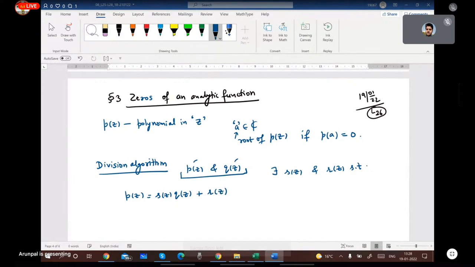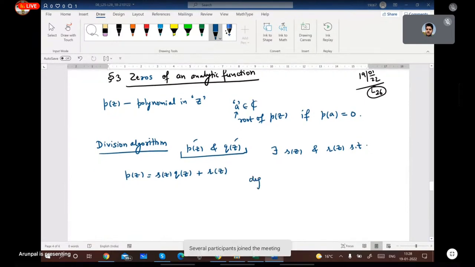Right, class? Here the degree of r(z) is greater than or equal to 0 and less than the degree of q(z), sorry, class, degree of q(z). Good enough, which you may call the remainder.